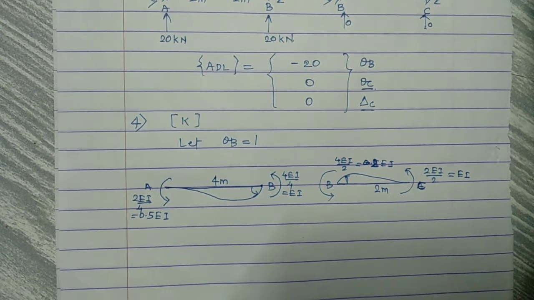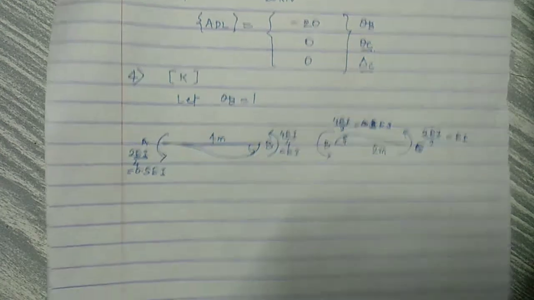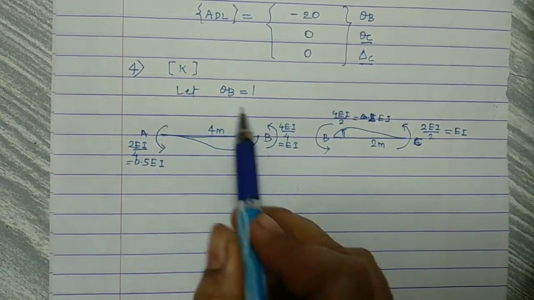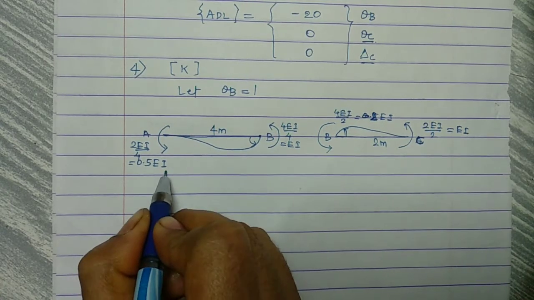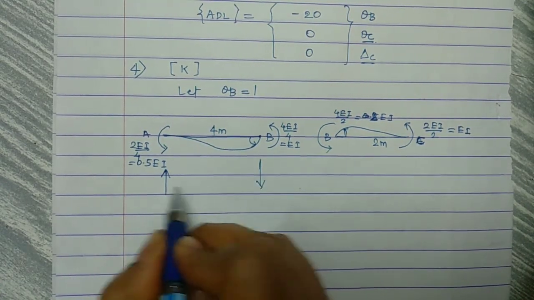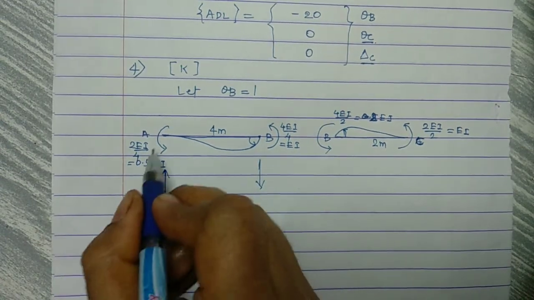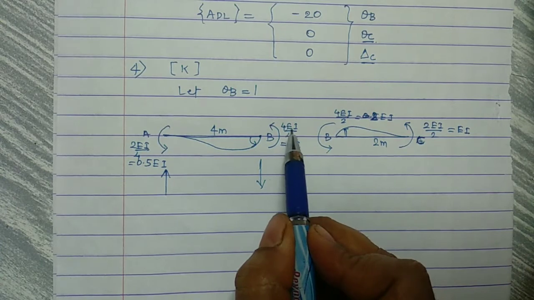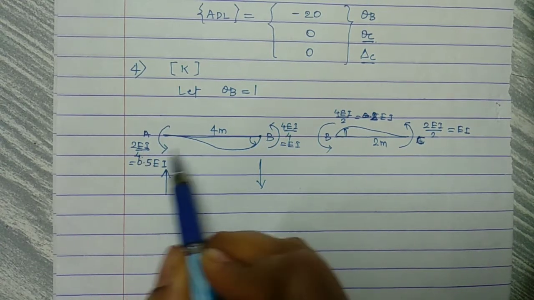Okay, so along with these moments, you have to calculate the reactions. So see, these moments are in an anti-clockwise direction, so the reaction at A should be upward, at B it should be downward, so that they will form a clockwise couple. So calculate the magnitude of reaction. That is 4 EI upon L plus 2 EI upon L, divided by span.